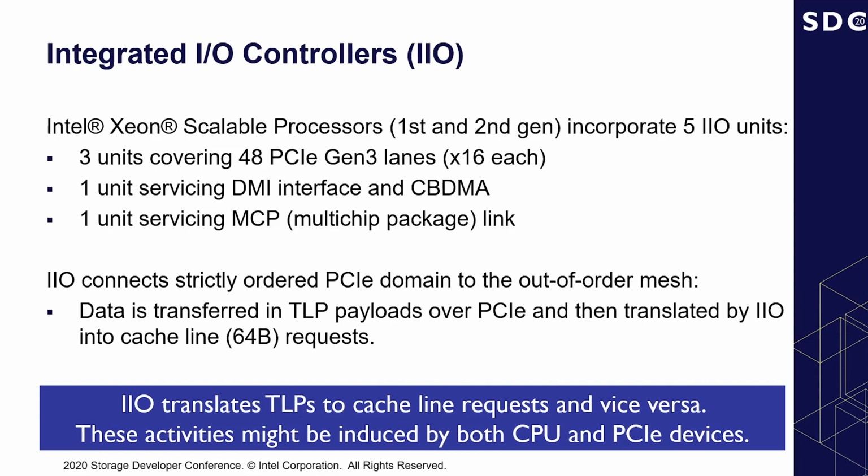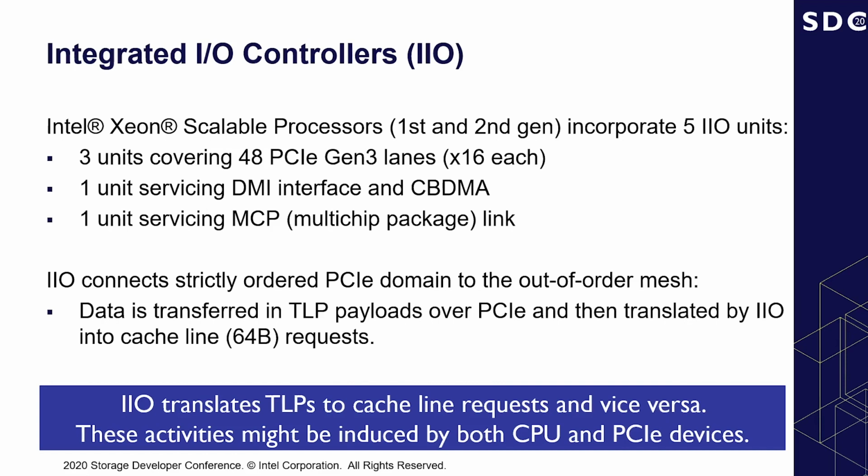It can be bifurcated into 4x4 or 2x8, for example. The other unit is for DMI, which connects to your legacy I/O, and then also connects the Crystal Beach DMA. The other remaining IIO unit services the multi-chip package link.